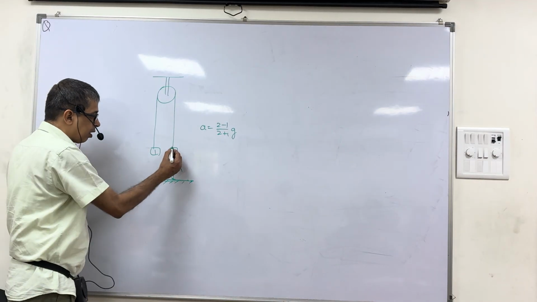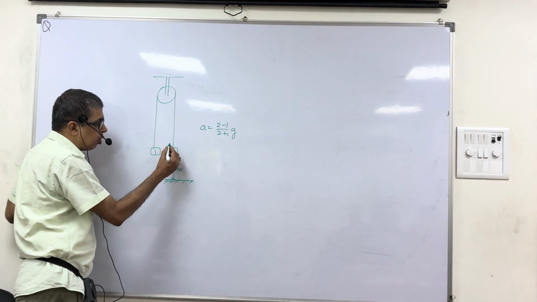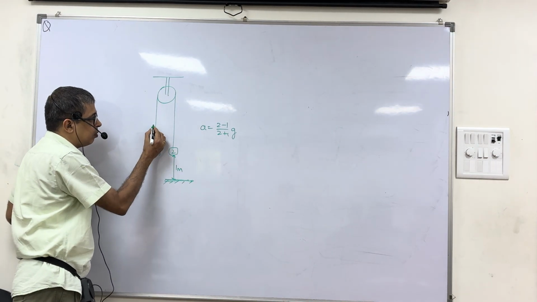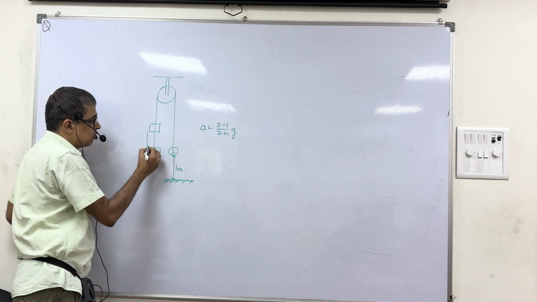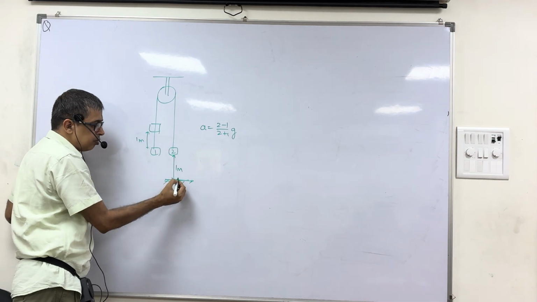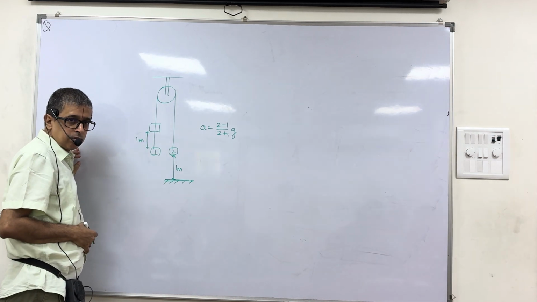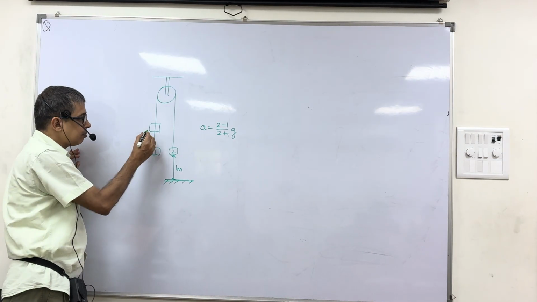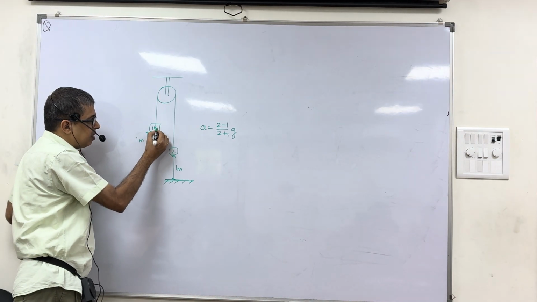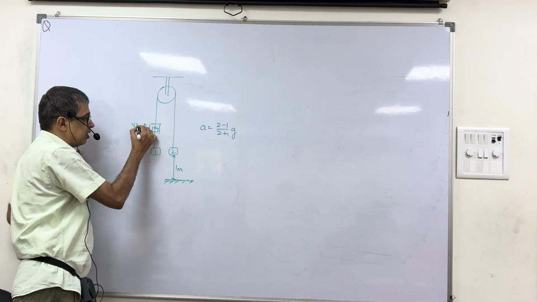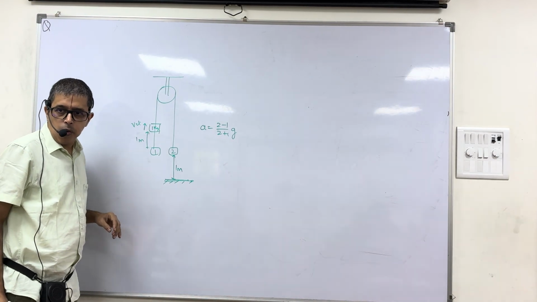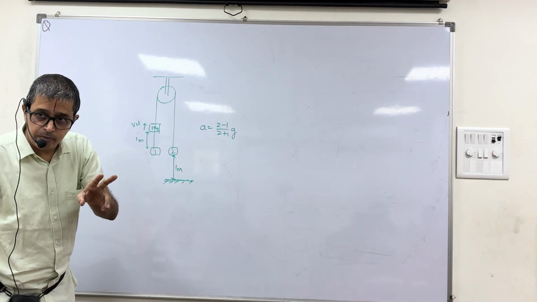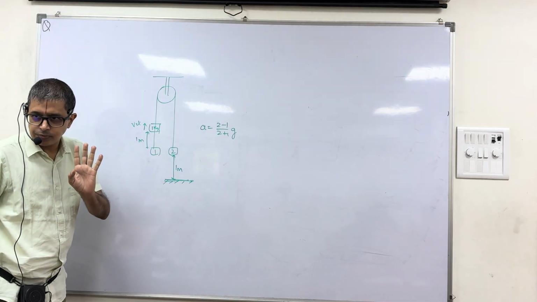Right? When the 2 kg mass sticks to it, what happens? The tension in the string will become 0. Now this travelled up by 1 meter, this travelled down by 1 meter. Now here the 1 kg mass has some velocity, and the tension in the string became 0.